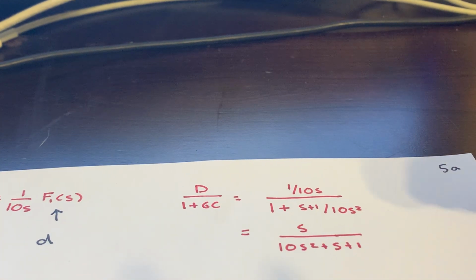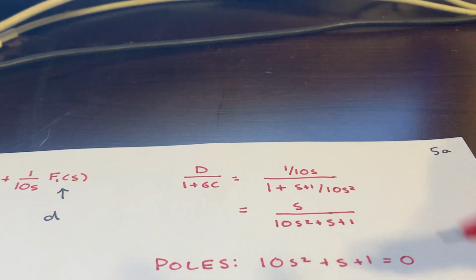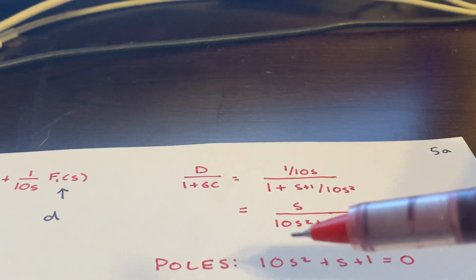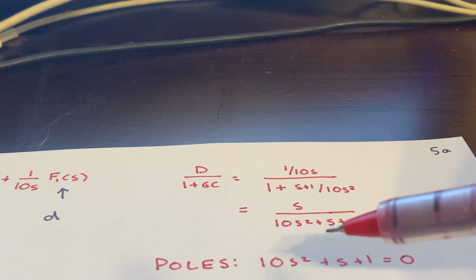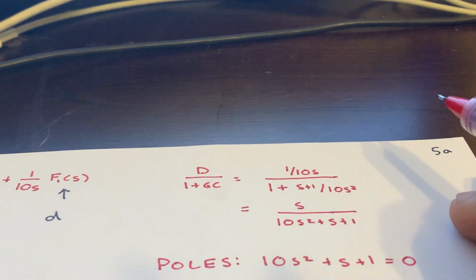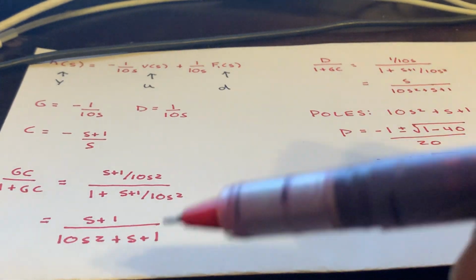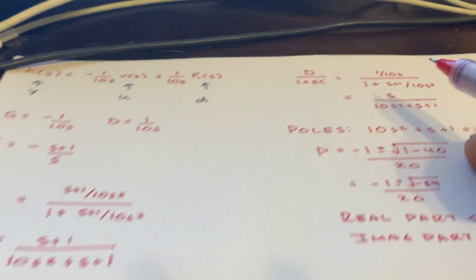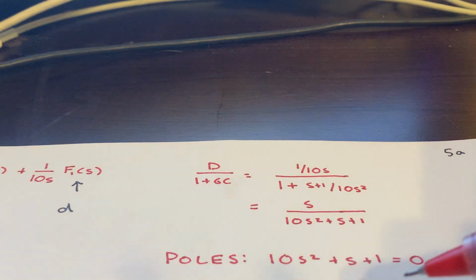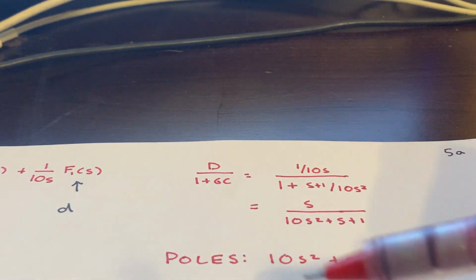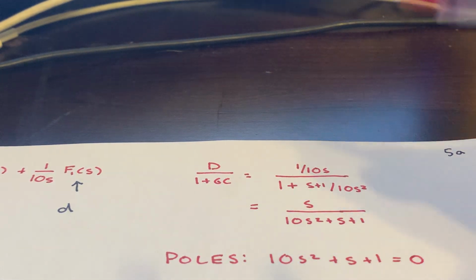And whenever you do this, we've got to look at the poles, right? And so we're looking at our characteristic polynomial for the closed loop transfer function, which is 10S squared plus S plus 1, right? And it's the same polynomial as the one down here, right? And when we look at the poles, we're basically finding the roots of this quadratic equation.